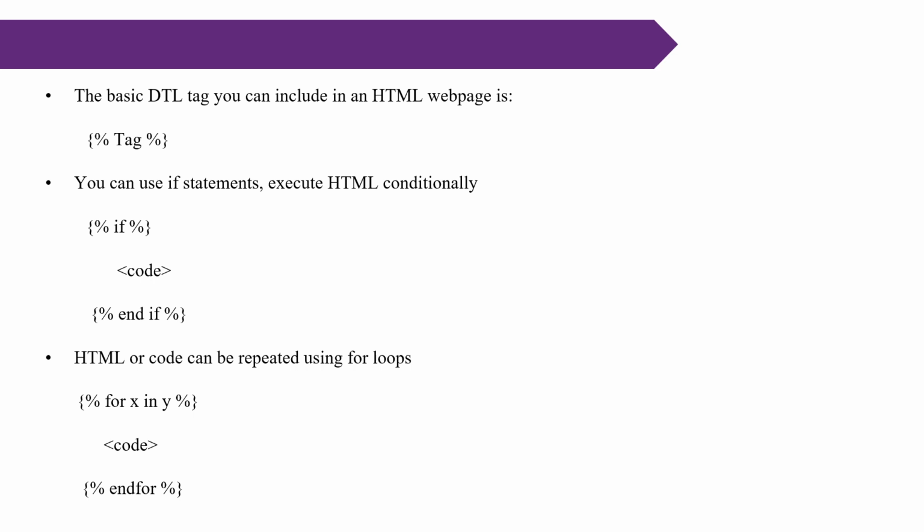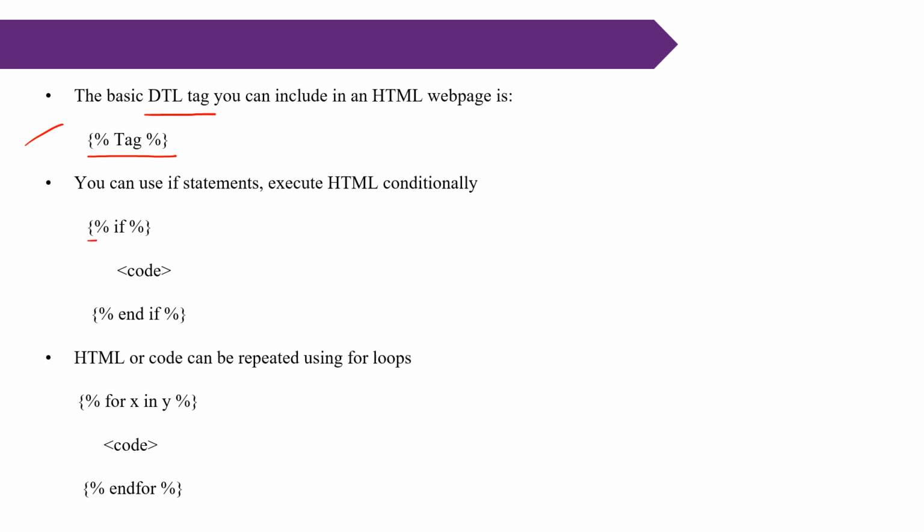The first one is the basic DTL tag, which is always included in an HTML web page. Remember, the basic DTL tag is this one: flower brackets with percentage signs around the tag. By using this, we insert simple basic tags. In the HTML, we can include if statements and also for loops. How do we write an if condition?